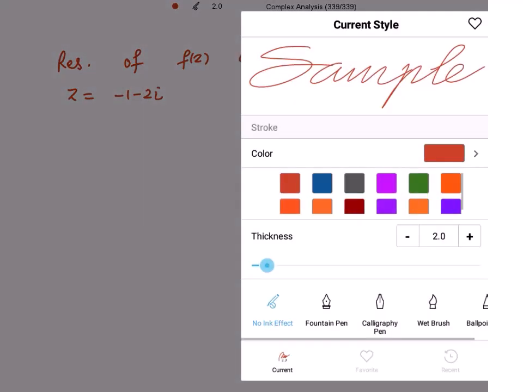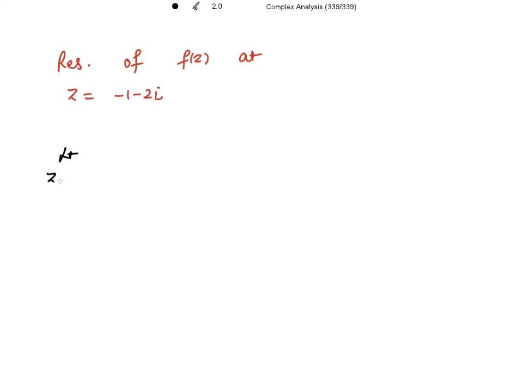So finding the residue of f(z) at z equal to minus 1 minus 2 iota, the formula is limit z tending to, let me name this as beta. So z tending to beta, (z minus beta) into f(z).